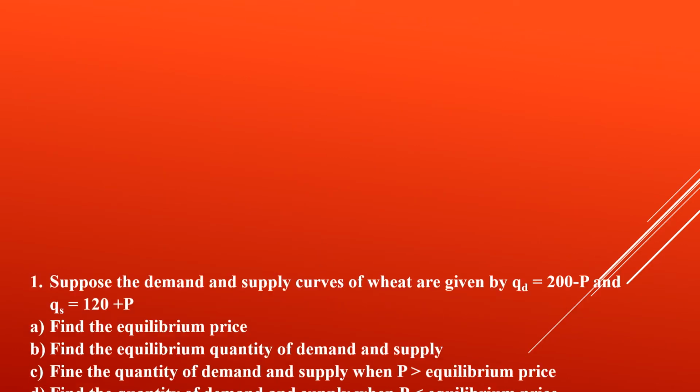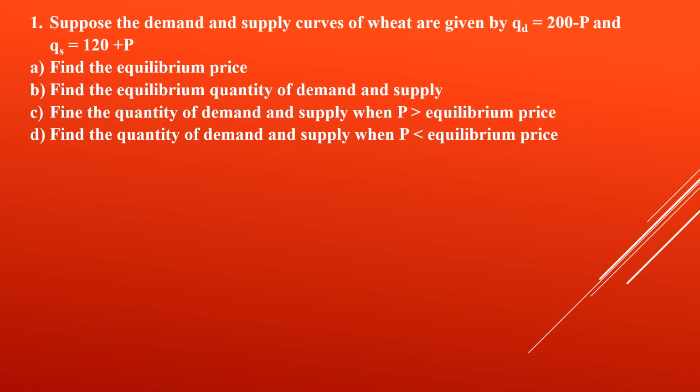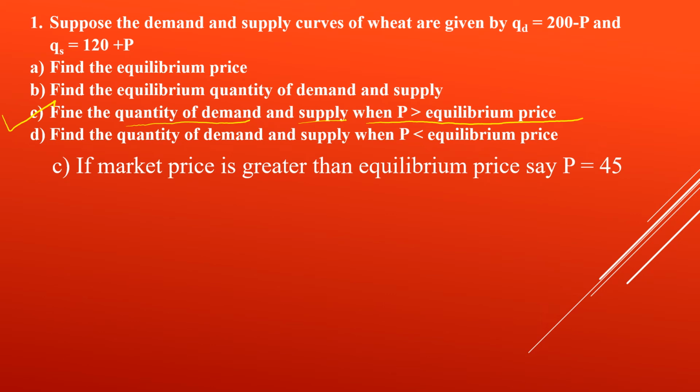Now let us discuss the third question. What is this third question? Find the quantity of demand and supply when price is greater than equilibrium price. For that, if market price is greater than equilibrium price, what is the equilibrium price? The equilibrium price is equal to 40.